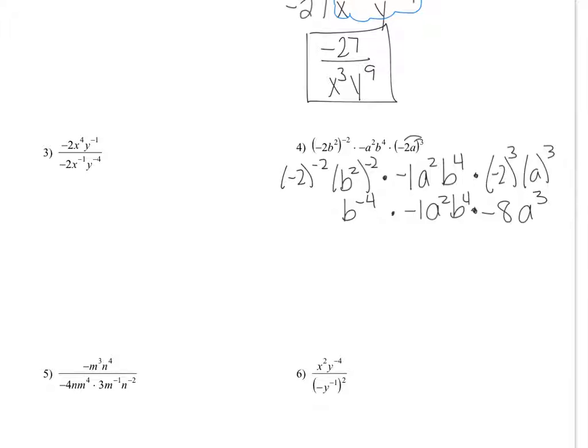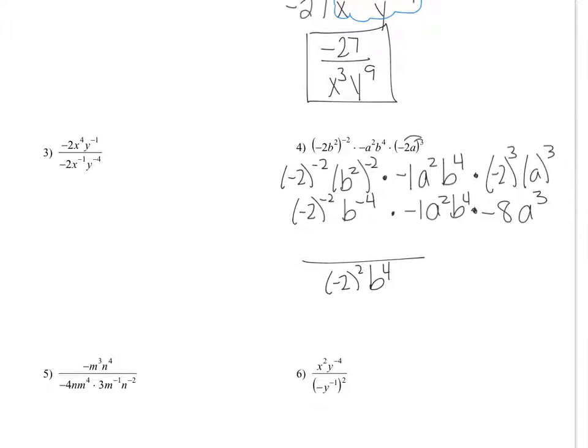So let's leave it as just negative 2 to the negative 2 power. And we'll treat this like this is a negative exponent, and we'll bring them downstairs. So I'll bring this down, and I'll keep these on top. So I'm going to write it as negative 2 to the positive 2, b to the positive 4. So I brought both of these negative exponents downstairs, keeping both of the bases.